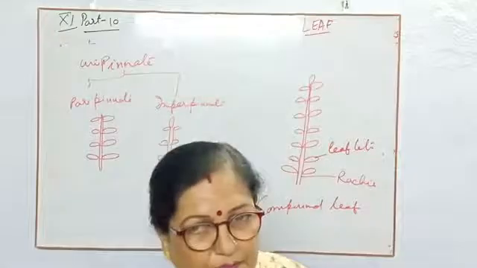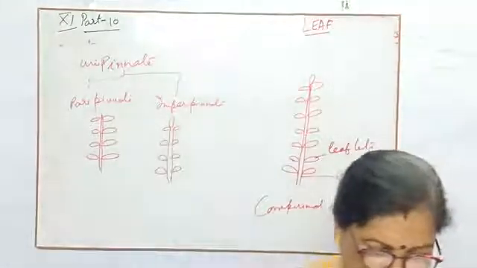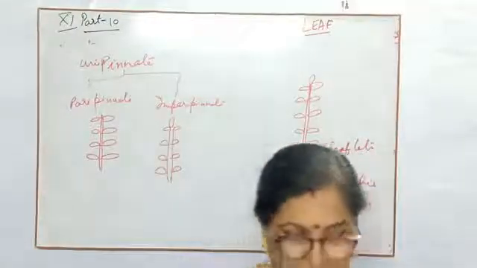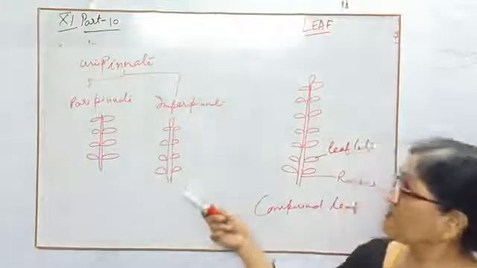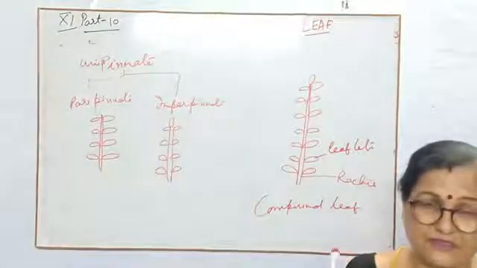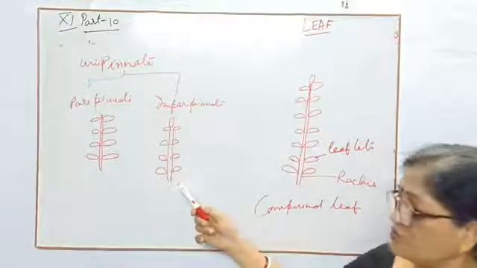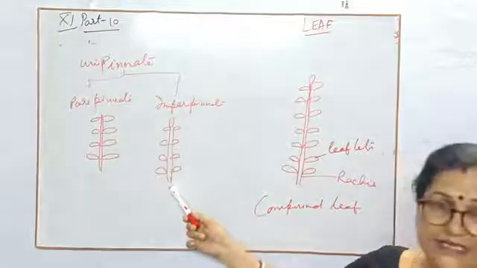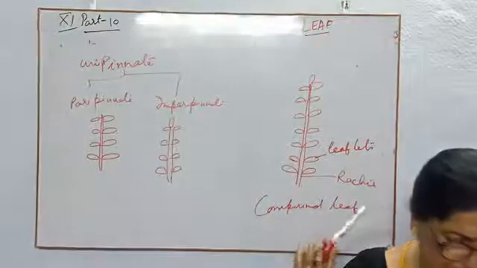There is no pairing of all the leaflets. So this is imperipinnate. I think you have seen this type of imperipinnate in the rose leaves. Most of them, those who are having rose plant, they can see imperipinnate.